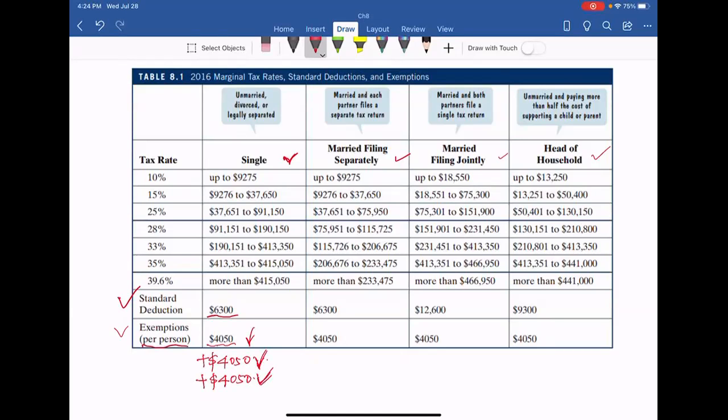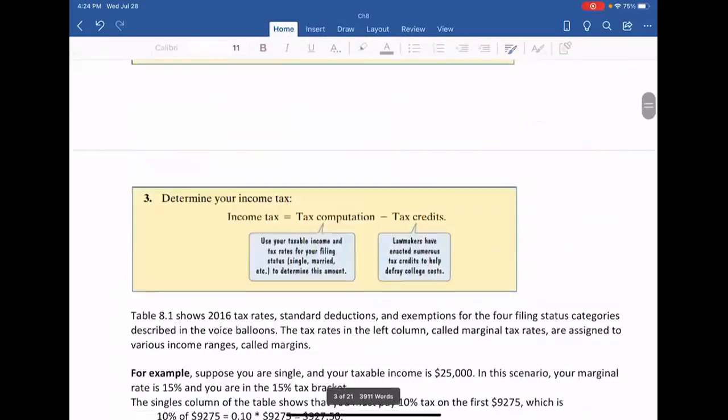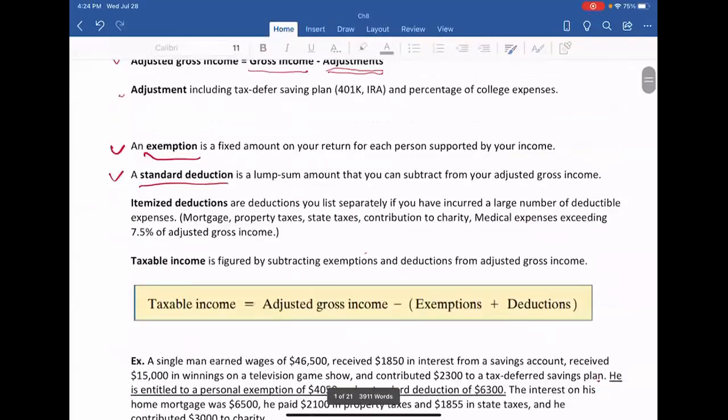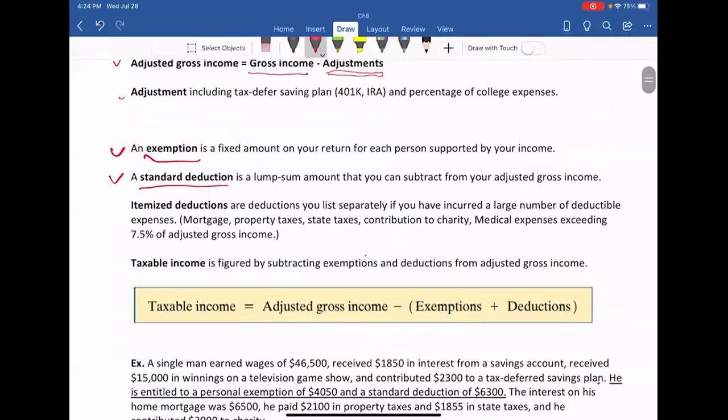Okay, let's continue to talk about itemized deduction. Itemized deductions are deductions you list separately if you have incurred a large number of deductible expenses, like mortgage, property taxes, state taxes, contribution to charity, medical expenses exceeding 7.5% of adjusted gross income.